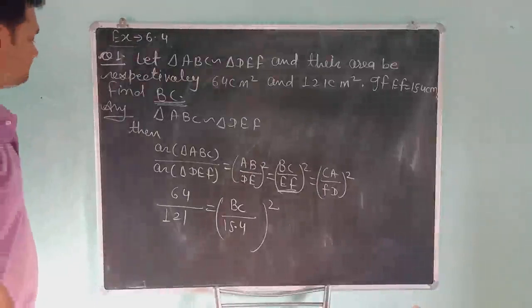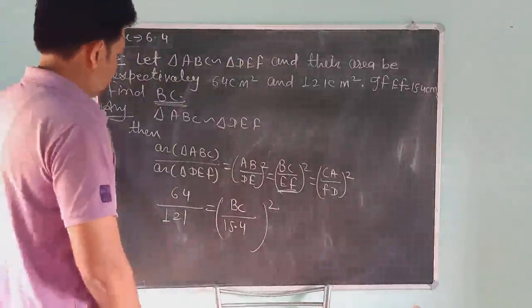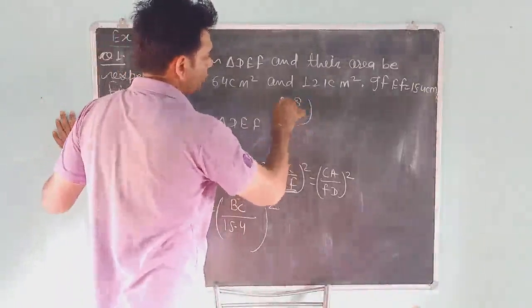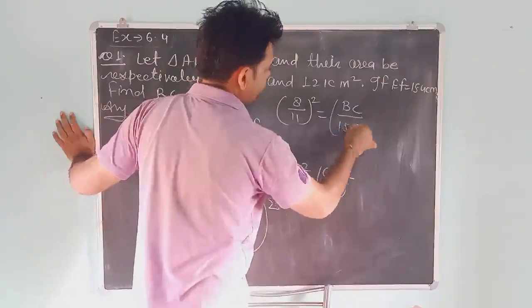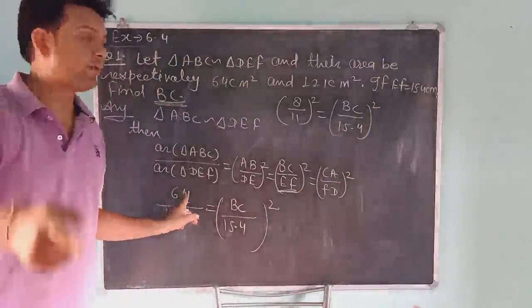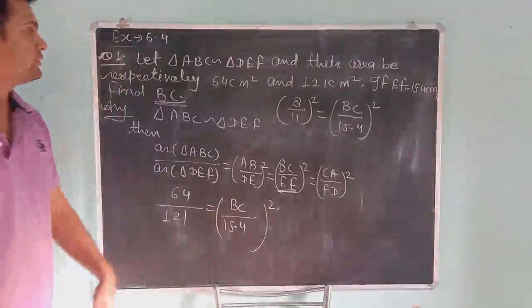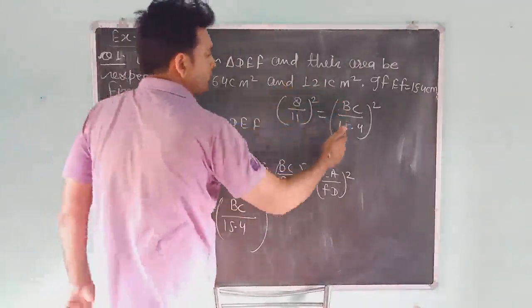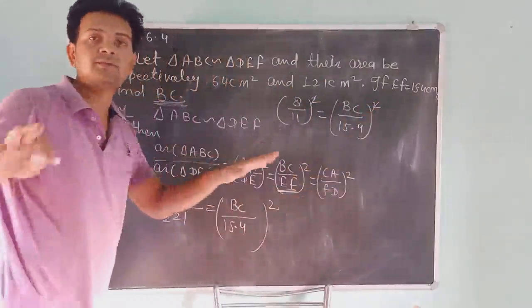Okay students, now 64 upon 121. 64 you can write as 8 upon 11 whole square equal BC upon 15.4 whole square. 64 is the square of 8, and 121 is the square of 11. BC upon 15.4, and again square and square will cancel each other.